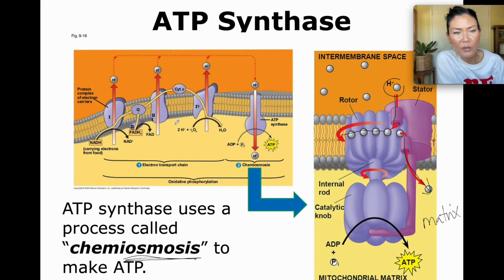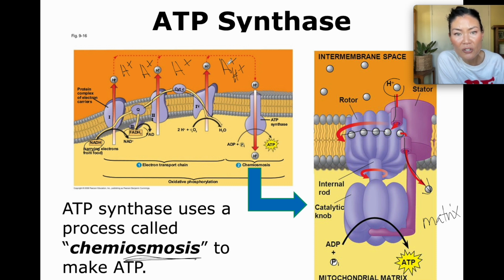Okay, so we've got the electron transport chain. There's 3 proton pumps. As electrons from NADH and FADH2 move through the proton pumps, they end up pumping protons into the inner membrane space of the mitochondria, building up a concentration gradient.